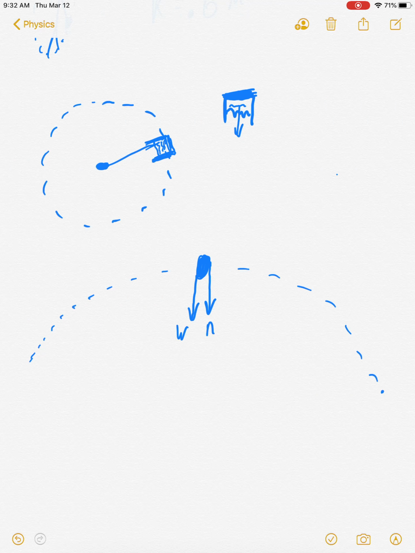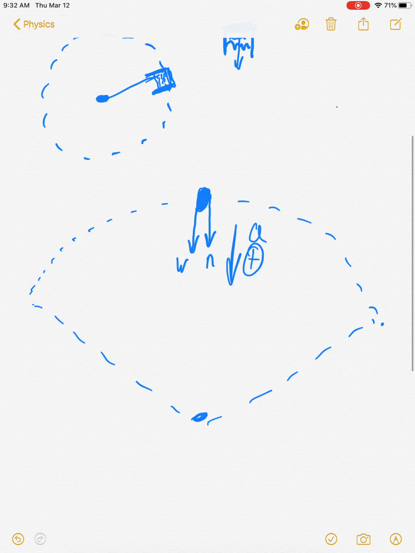Now, a few other things that we know about a situation like this is that we're accelerating in the downwards direction because that's the center of the circle. We're always accelerating towards the center of the circle, and so I'm going to treat this as being positive, and it's also the direction of a.